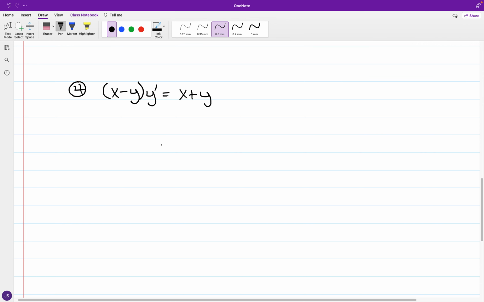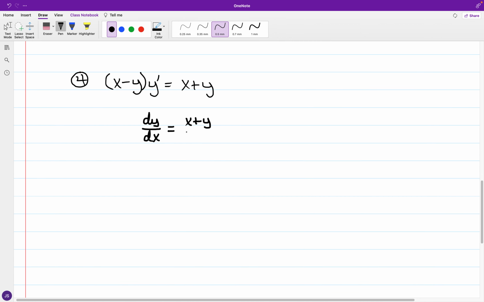Okay, so for what we have in number 4, we have x minus y times y prime is equal to x plus y. If I go ahead and write y prime in Leibniz's notation, I have dy over dx is equal to x plus y, and we will go ahead and divide by the binomial coefficient x minus y.